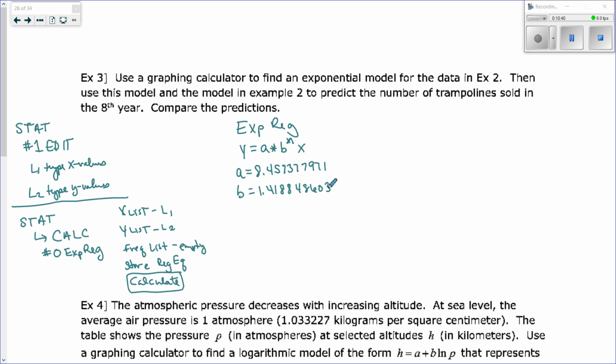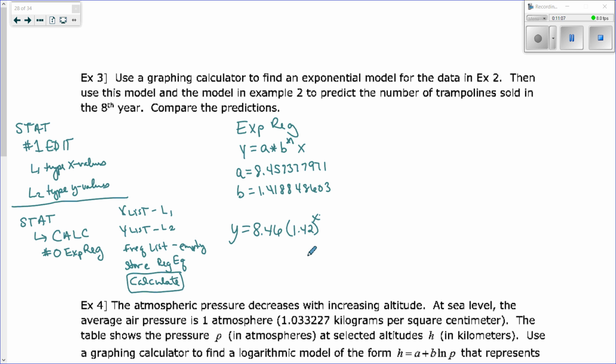Now you're going to write an equation, and typically we round everything to the nearest hundredths for these. So my equation would be y equals 8.46, and then b is 1.42 to the x. Now we're going to use this equation here and the equation that we got in number 2 to predict the 8th year.